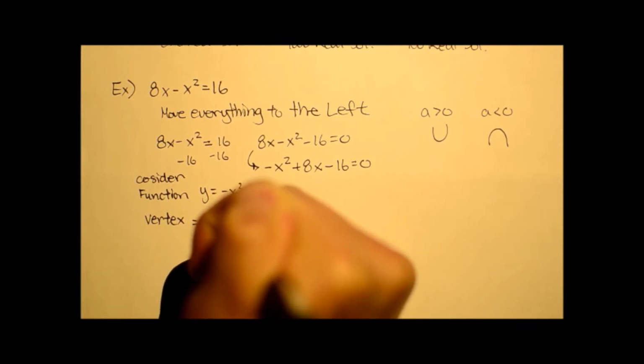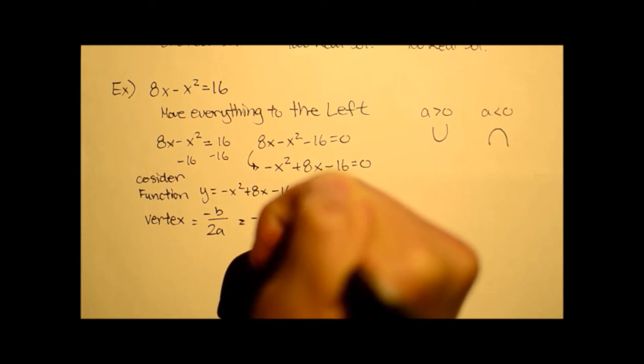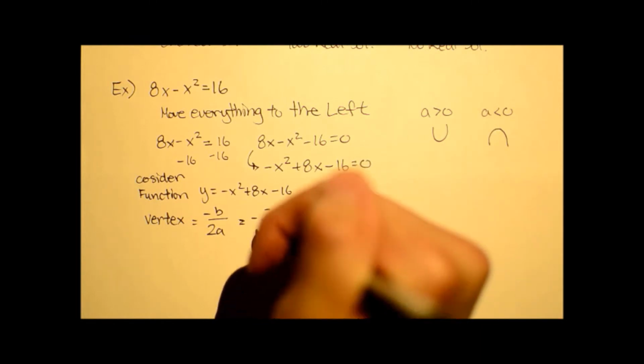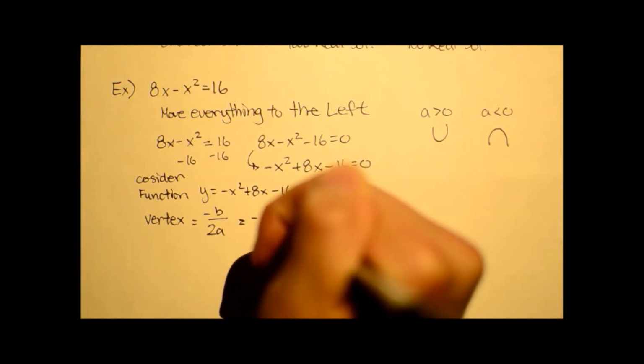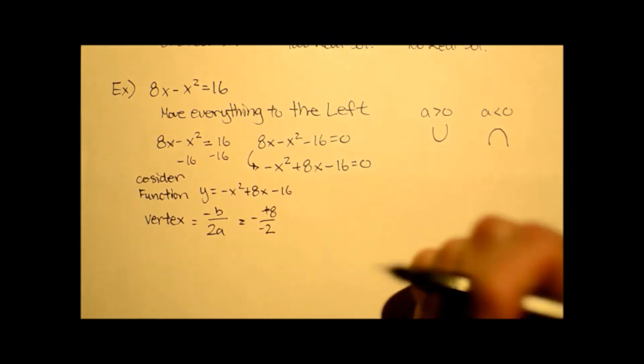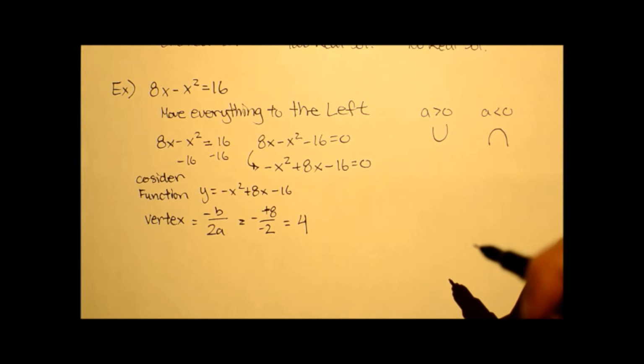Where this is negative b over 2a, which is equal to negative 8 over negative 2, which equals 4.